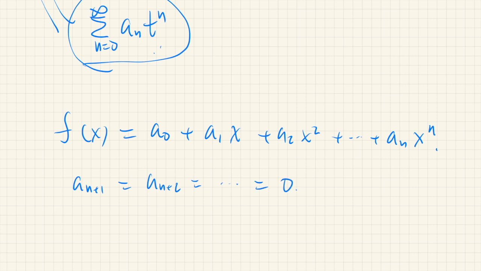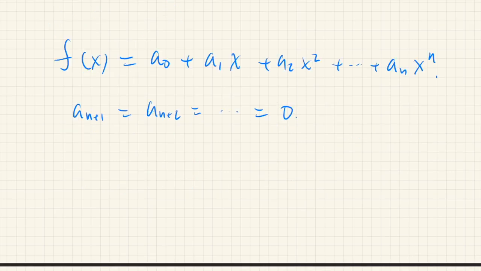So a polynomial is a special case of a power series. More generally, if we have a power series such as a_k times x to the power of k, where k varies from 0 to infinity, and all these coefficients a_k are 0 except for finitely many k's, then this power series is actually a polynomial.